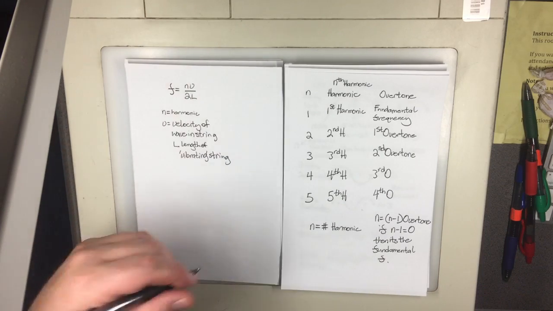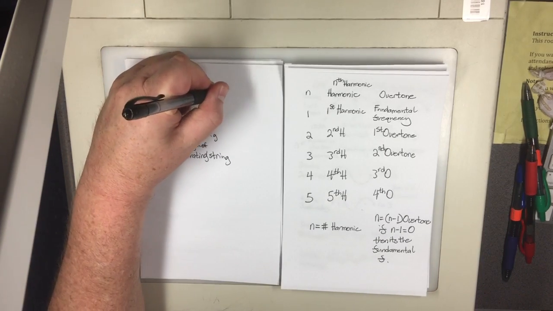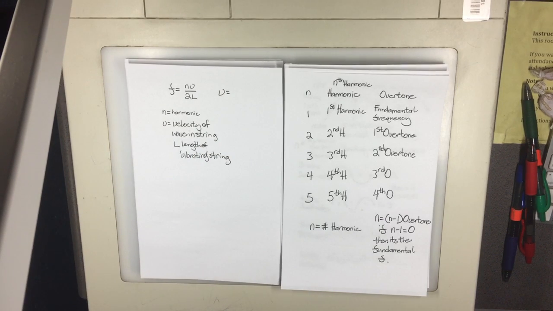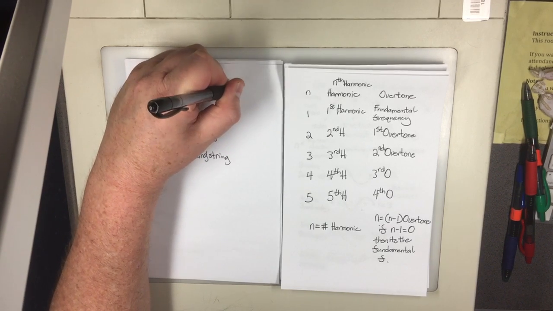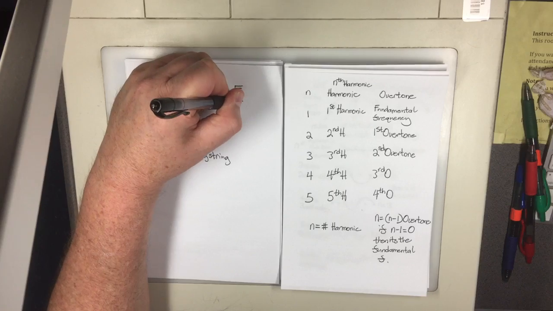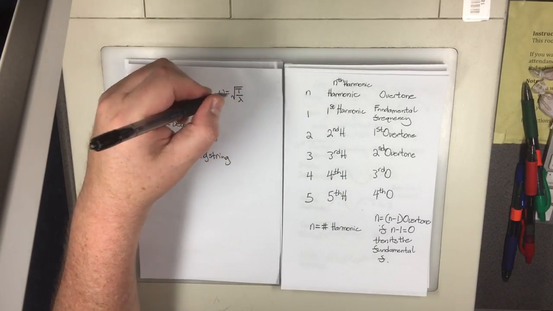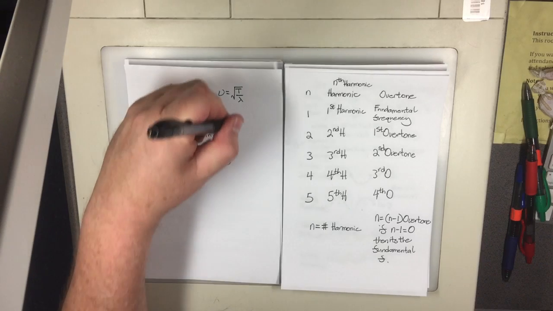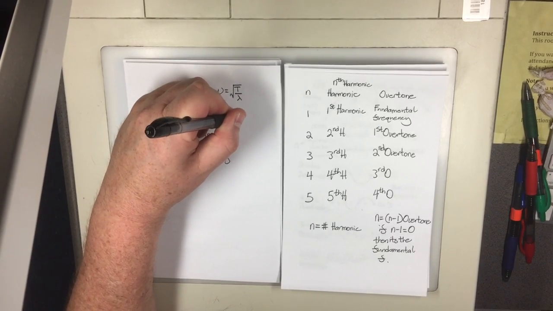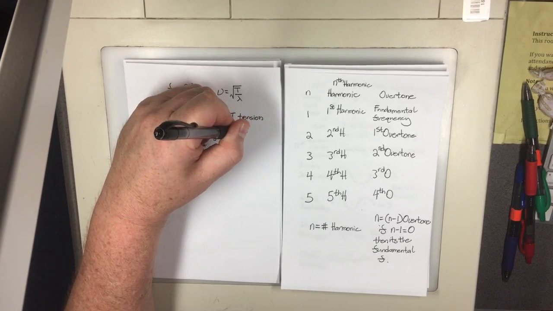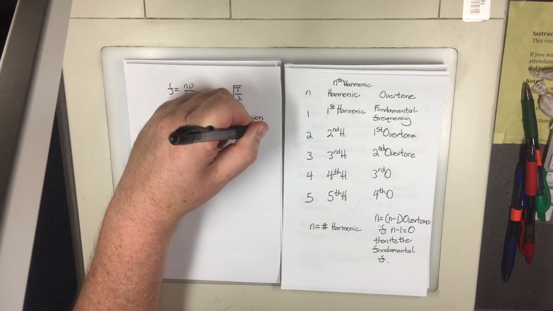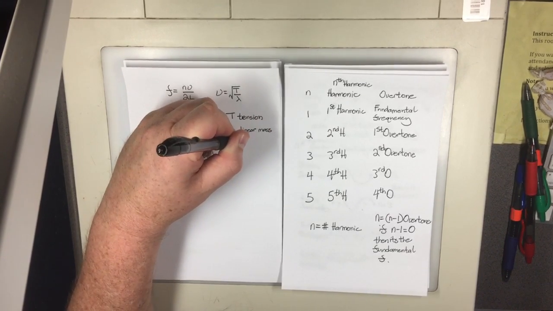In a string, the V is not 350 meters per second. We're not talking about sound in air. We're talking about the oscillations in a string. That this is equal to the square root of T over lambda, where T is the tension and lambda is the linear mass density.